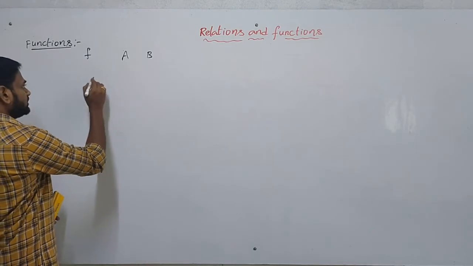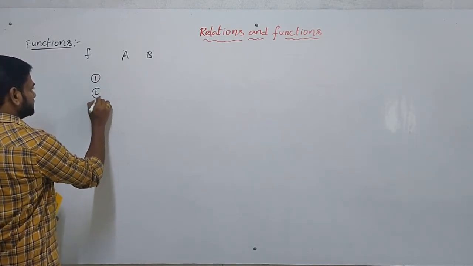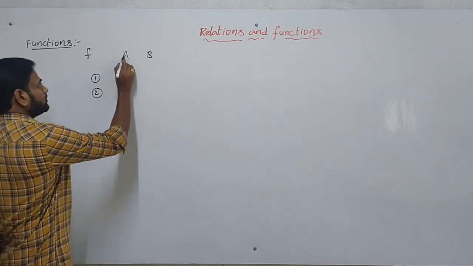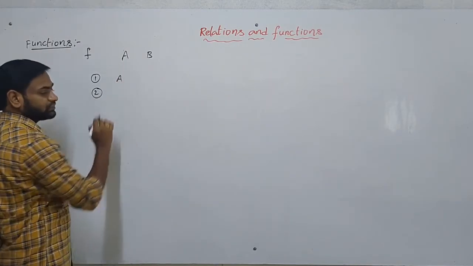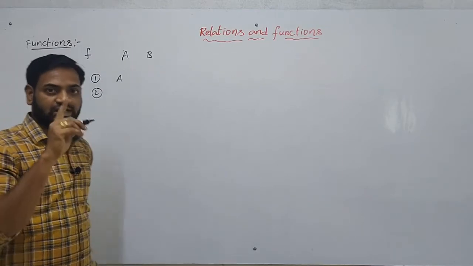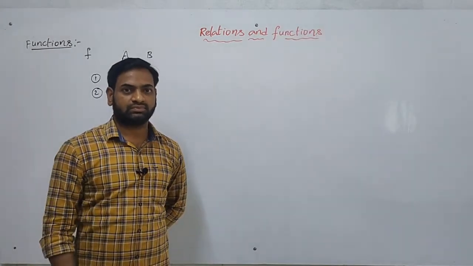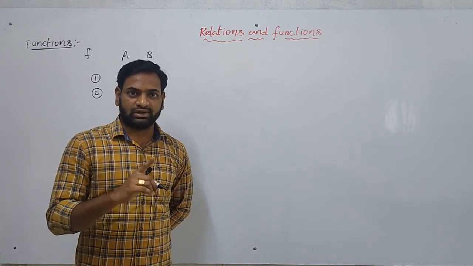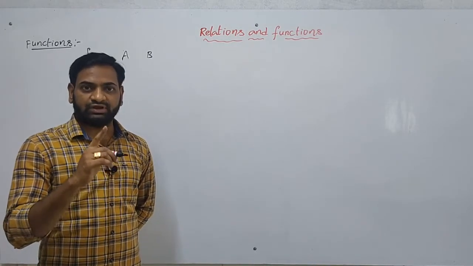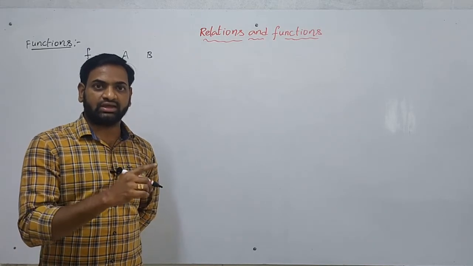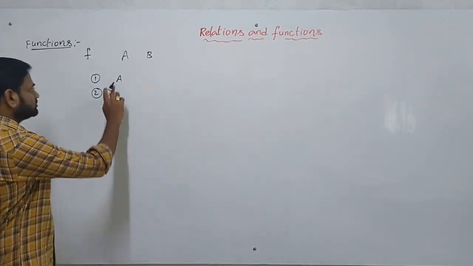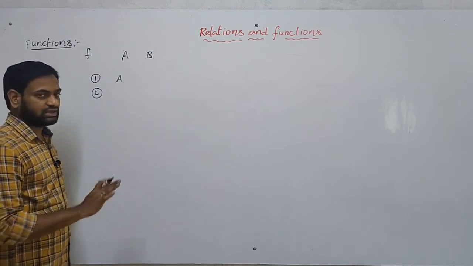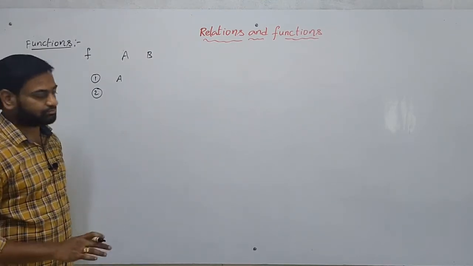Now mainly two things are there. Just remember, in the set A, every element should be in the mapping. That is the first condition. For a relation to be a function, every element of A should be in the relation. Don't leave any element. Every element should have a mapping.